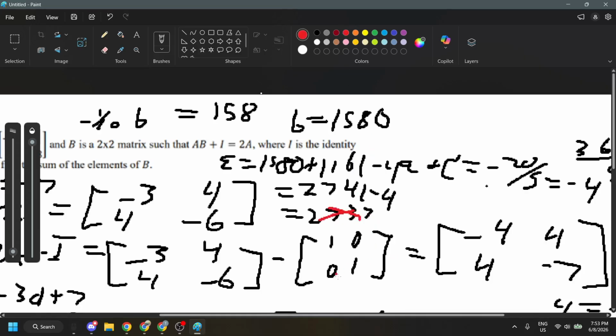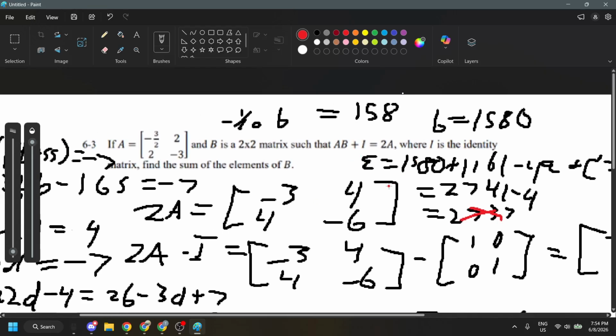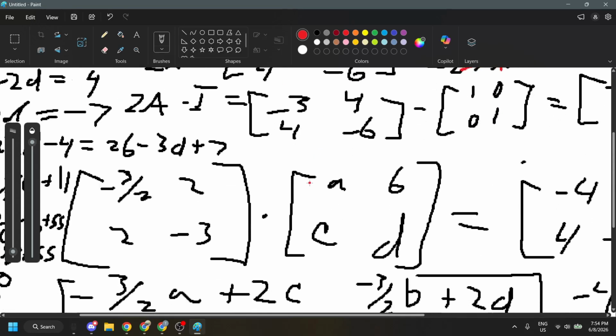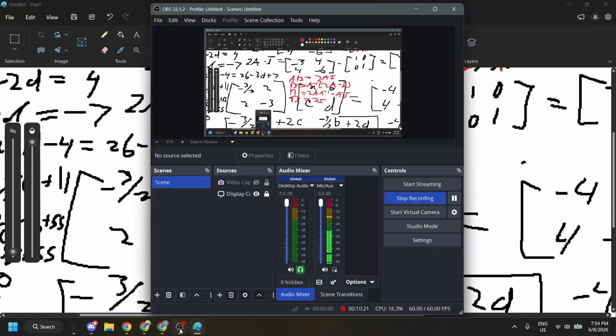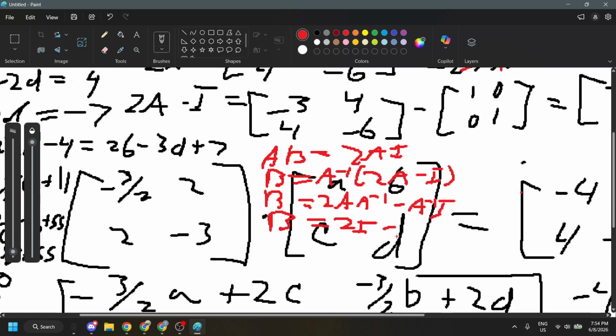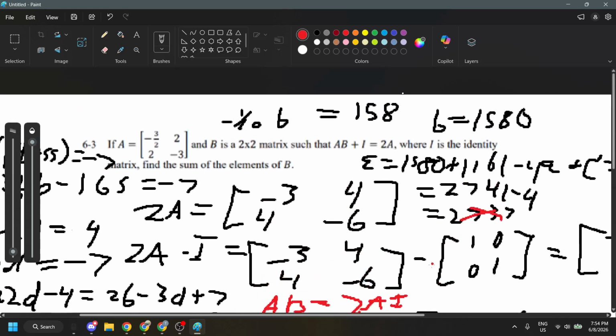It was like 21. What they did is they subtracted I from both sides, which you could do, and then they said AB is equal to 2A minus I. So they said B is equal to A inverse of 2A minus I. So they said B is equal to 2A inverse minus A inverse I. So B is equal to 2I minus A inverse, and then they somehow found the inverse of A using the determinant.